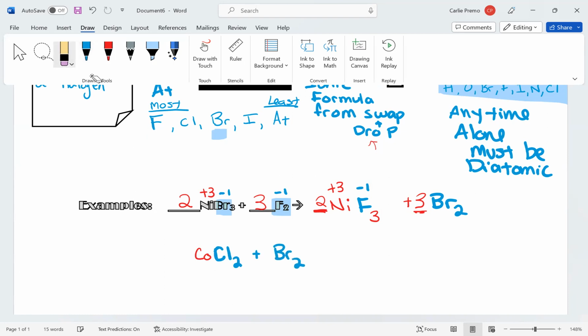Now, according to our reactivity series here, chlorine is going to be more reactive than bromine. So in this case, we would say no reaction occurs because these 2 things would not switch, simply because chlorine is already the more reactive thing. So it is the one in the compound.